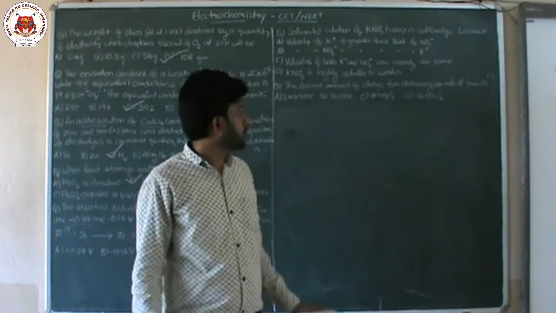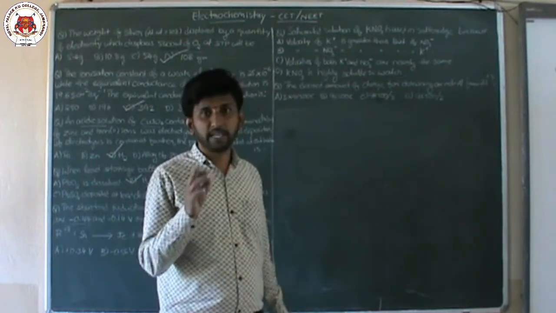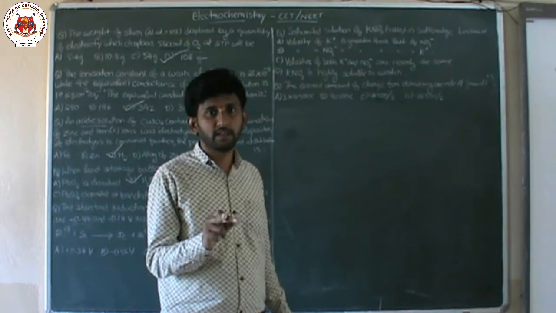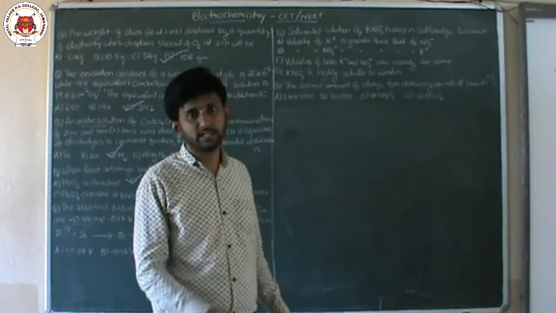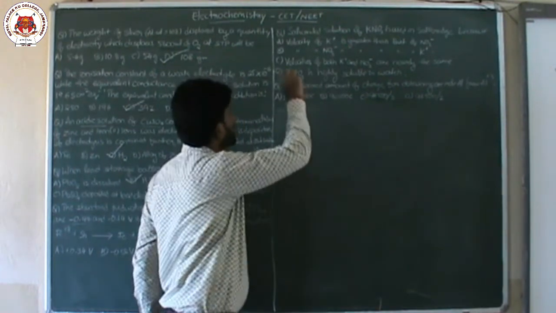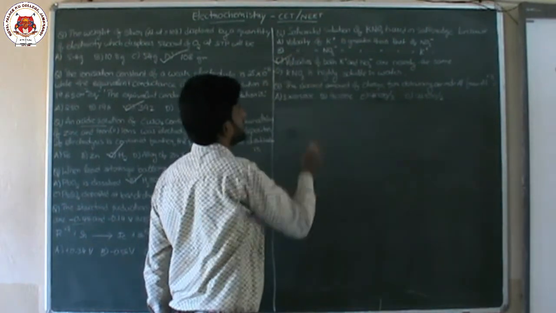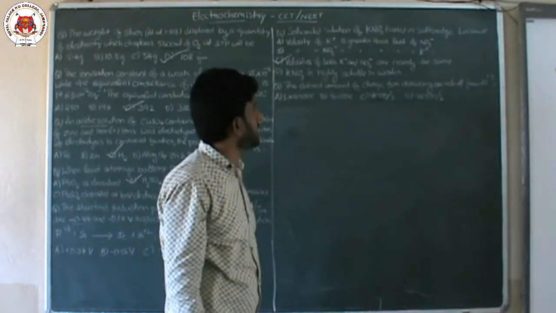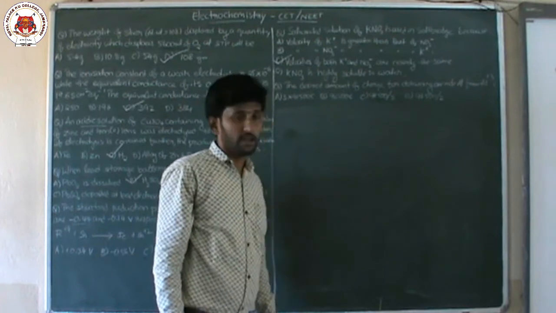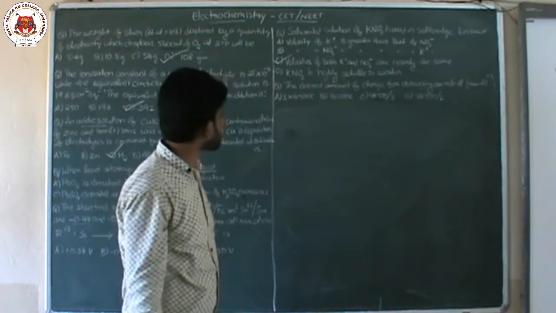That's why both the ions must have same velocity. So the option should be velocities of both K+ and NO3 minus are nearly same.